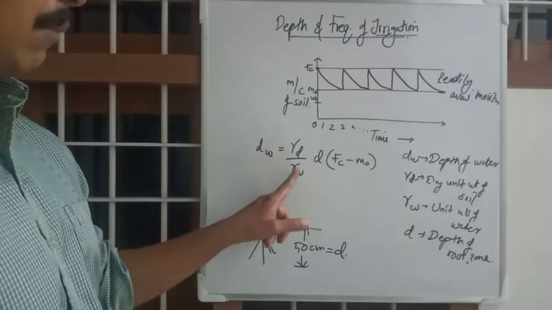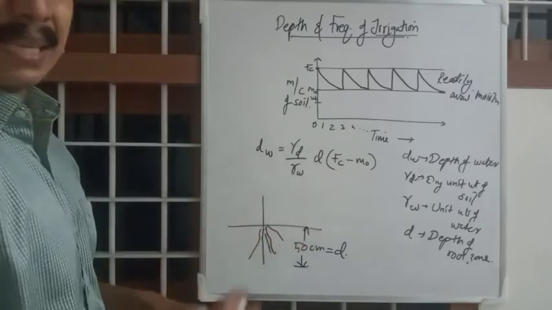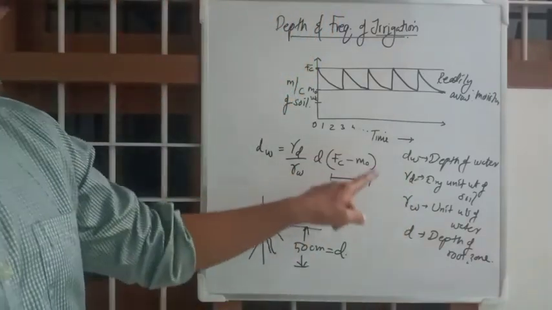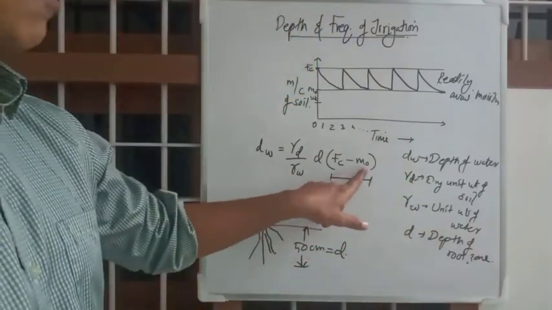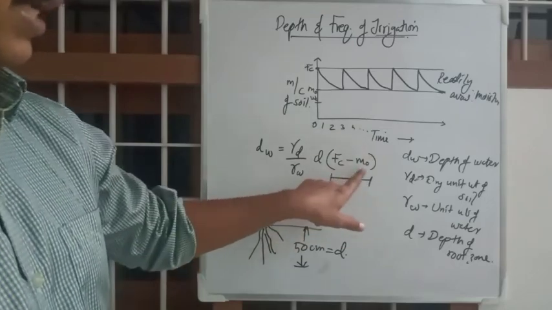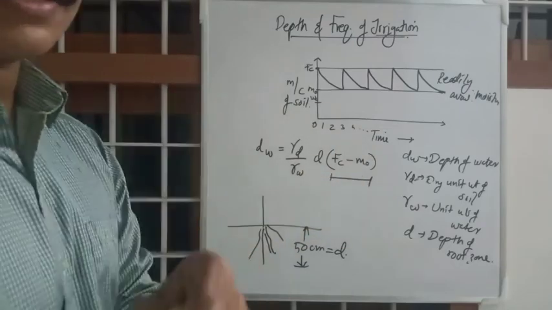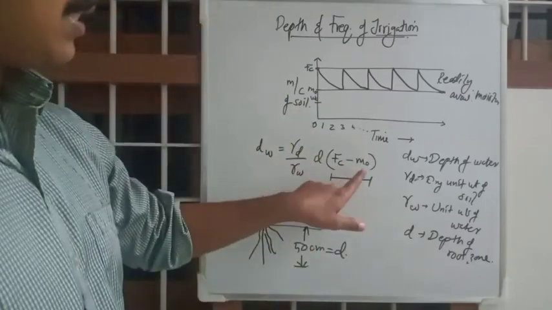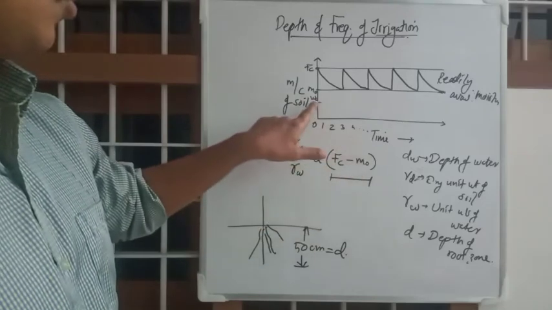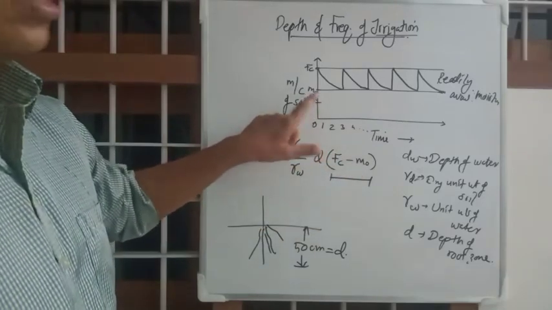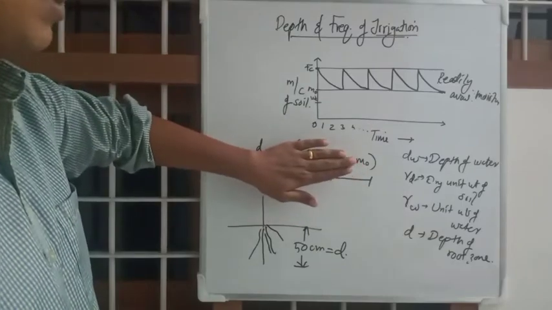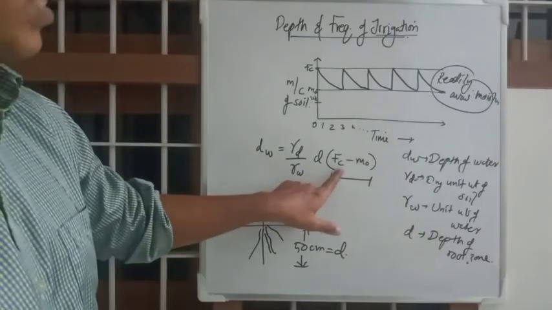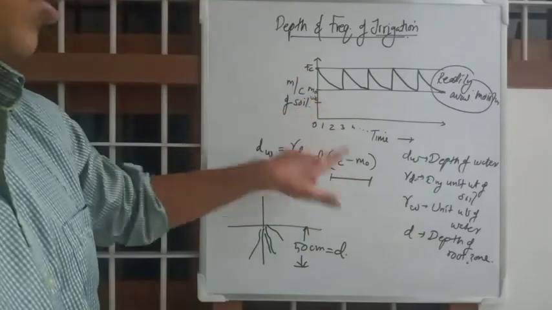So dW is equal to gamma D by gamma W, D into (FC minus M0), and this part is important because when you do the numerical part, FC minus M0 will be changing, especially the M0 part. If the question is to find available moisture, this M0 will be changed to WC. Right now we are calculating everything on the basis of readily available moisture, so the upper end is FC and the lower end is M0.